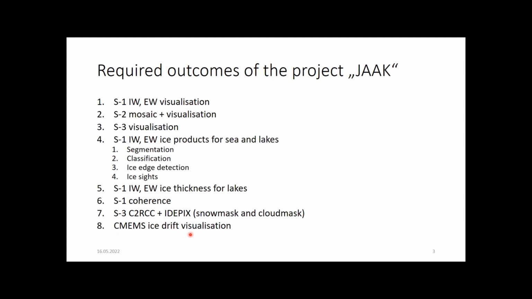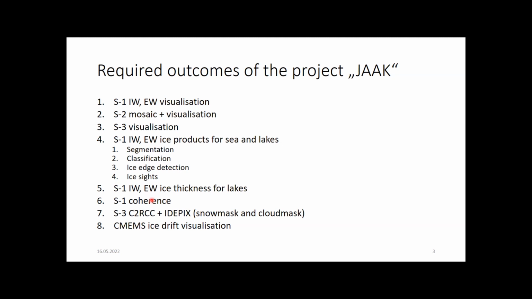Yeah, the required outcomes are listed here. You see Sentinel-1, 2, 3 visualizations basically that are on the website at the moment. Then the ice products was one big part, or the main part, where there was several smaller aims. First segmentation, then classification. Well, ice edge detection is part of both actually, and then determining the ice sites as well.